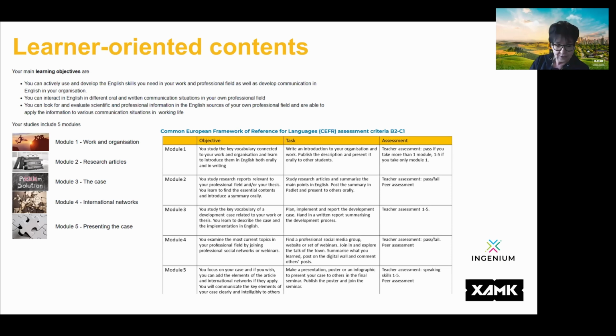And finally, they make a summary of what they learned from the professional networks. And in this course, the teacher's job is to support, to encourage, to facilitate, and give lots and lots of feedback. So feedback is one of the key characteristics of this course.